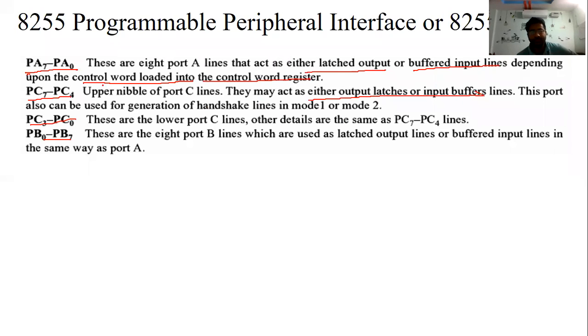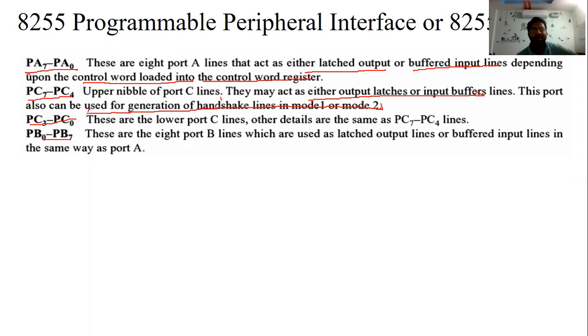These are also used for the generation of handshaking signals in mode 1 and mode 2. As I said, this 8255 PPI works in different modes, and according to the mode it will work with handshaking signals.